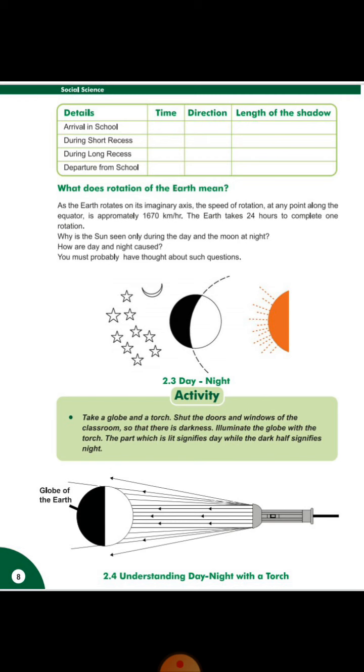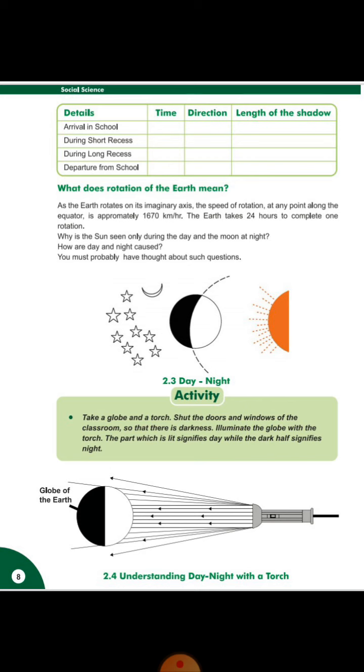Four points are very important in this section. First, what is rotation? Rotation means the earth rotates on its own axis. Second, the speed of rotation is 1670 kilometers per hour.